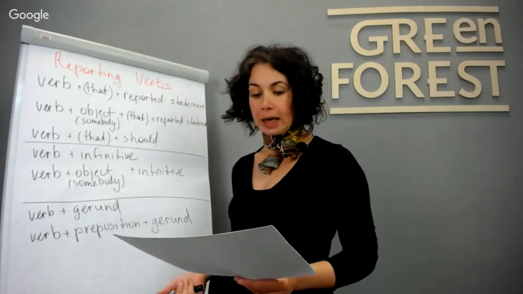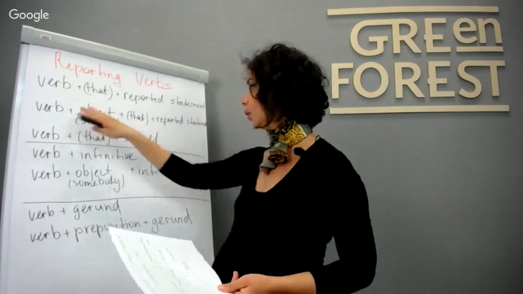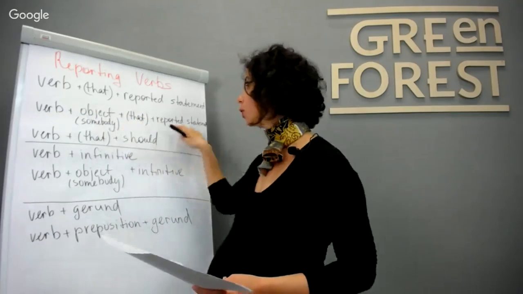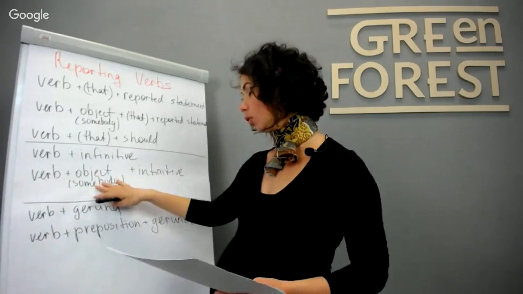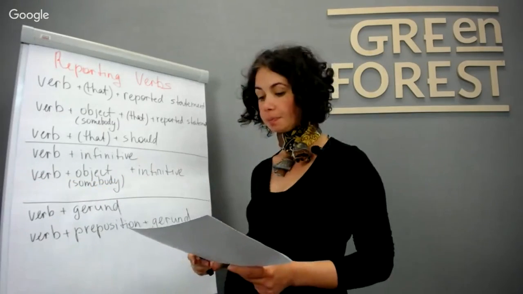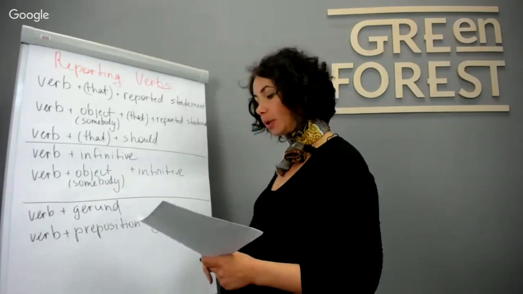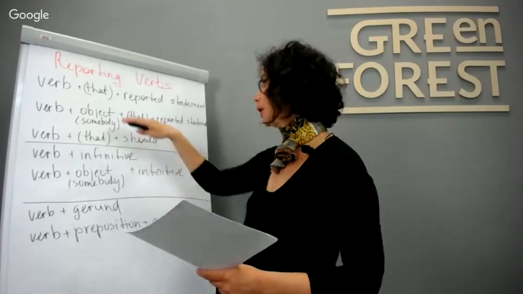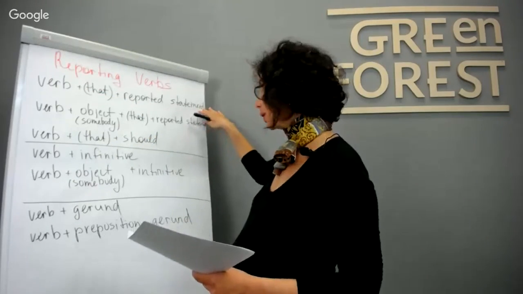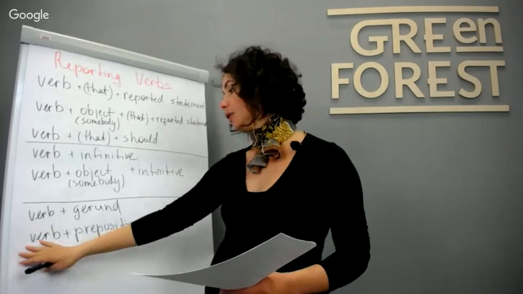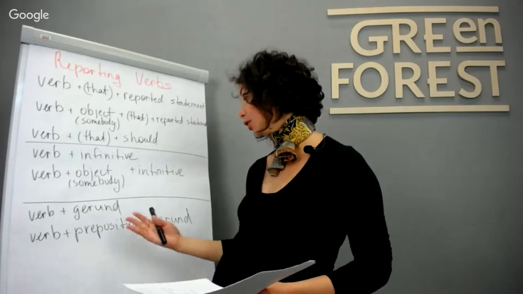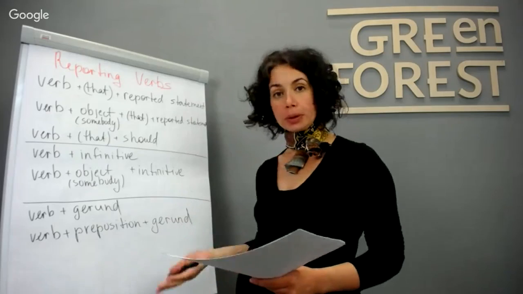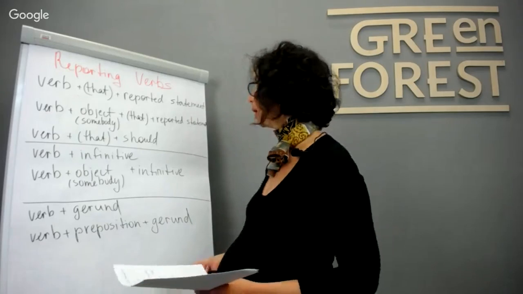Persuade, remind, tell, and warn, we use after them an object, whom, or we use verb with object and then infinitive. We have complain and insist. Complain we use in the first part with insist, or after complain we use preposition about, and after insist we use preposition on, and after that we will need to use gerund.